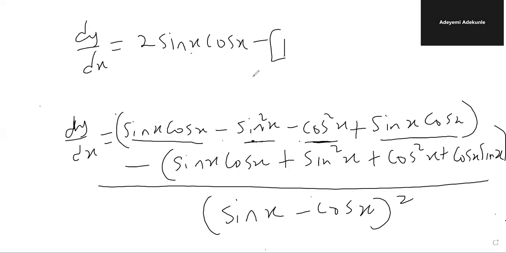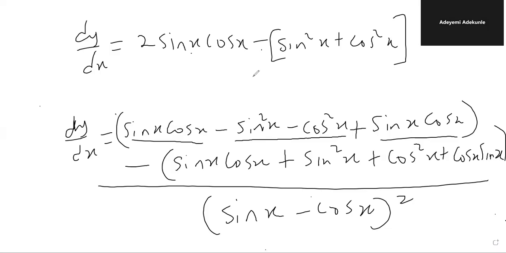What I'm trying to do is write this with minus as common. According to a trig identity, sine squared x plus cos squared x is equal to 1.